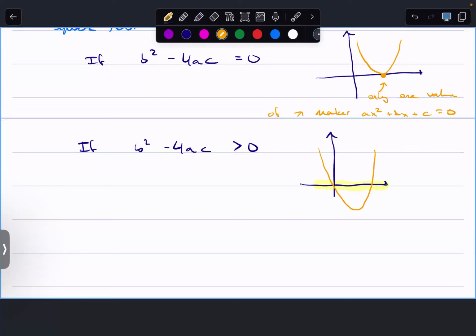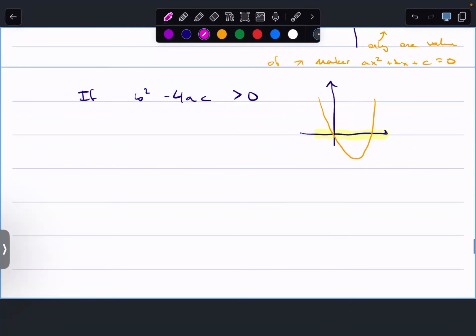Where there are two values of x that make ax squared plus bx plus c equal to 0. That can happen. It can be facing down if a is negative, right? But same scenario, it's going to cross the horizontal axis at some point.